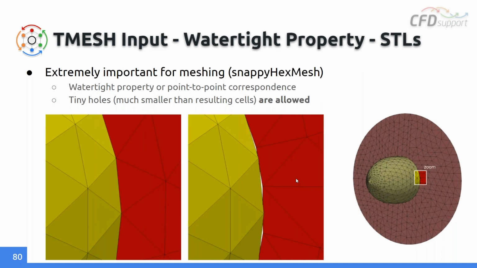Also, if you mesh two parts separately and not as one object or one solid in the CAD, it may happen that the neighboring patches, which were exported separately, are so-called not watertight. There are holes at the interfaces because the interface has no point-to-point correspondence.